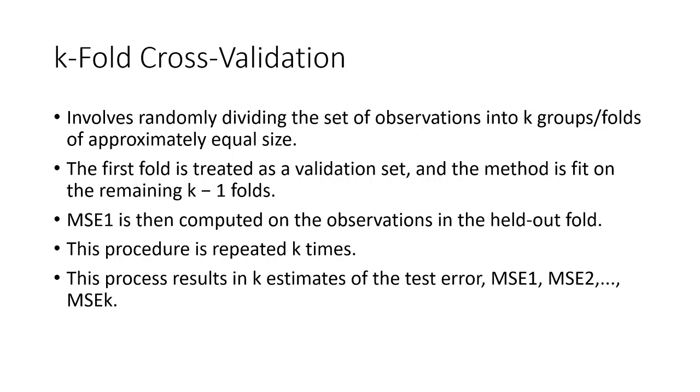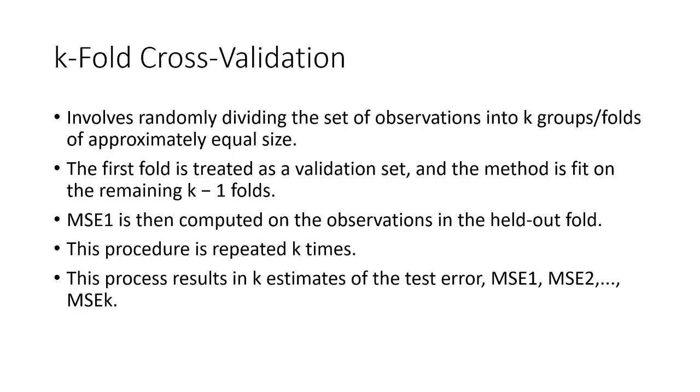Okay, so the k-fold cross-validation is actually quite similar to the LOOCV, except that in LOOCV, each time you have to remove one observation, and you have to refit and resample n times. So if you have 100 observations, you're going to refit the model 100 times.